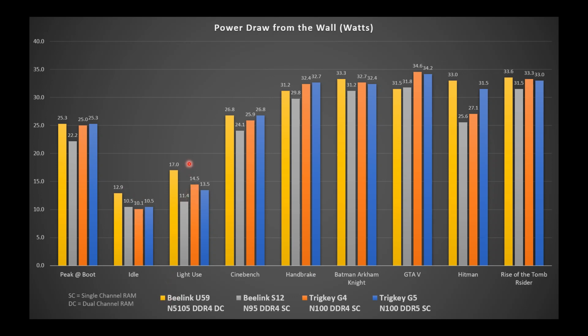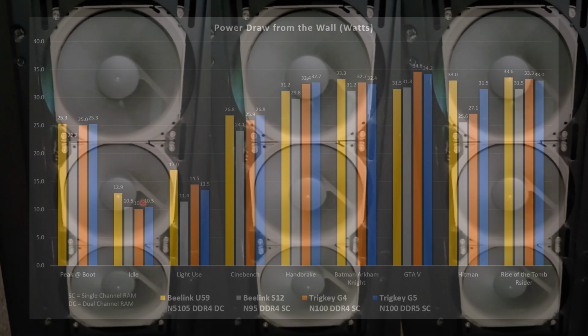And then with light use, basically viewing a YouTube video or something, this is the power draw from the wall. And Cinebench, and then handbrake, and then the rest of the games here. So you can see the games pushed it the most, drawing about 30 to 35 watts from the wall. And if you noticed before with the actual CPU TDP, or CPU power draw, with the U59 being much higher at idle, it actually isn't that much higher as a system overall.